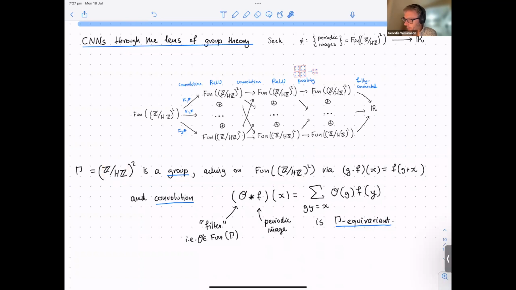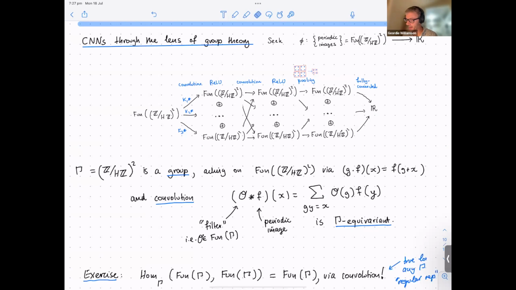If you take f, which you regard as a periodic image, and then you take an element g, it just shifts your image up and to the right or something like that. The really important thing to notice is that convolution is Γ-equivariant. What that means is that if you translate and then apply a filter, that's the same thing as applying the filter and then translating.